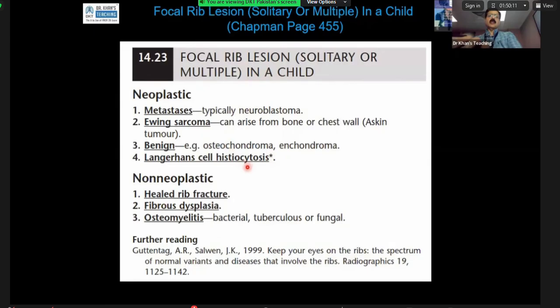The key thing is osteomyelitis, and other than that, LCH, and even sarcoma. If you want to keep metastasis, okay, I'll accept that, but you cannot consider enchondroma in the differential diagnosis. Yes.